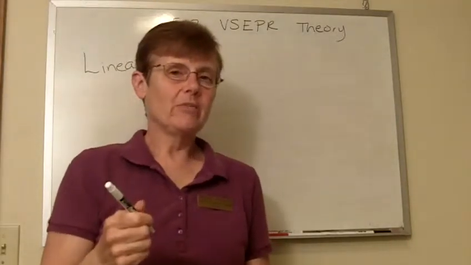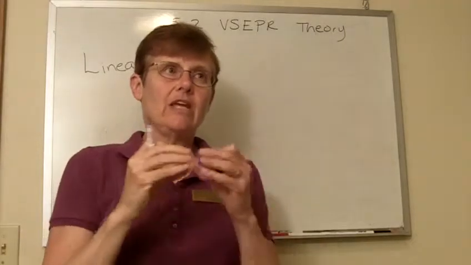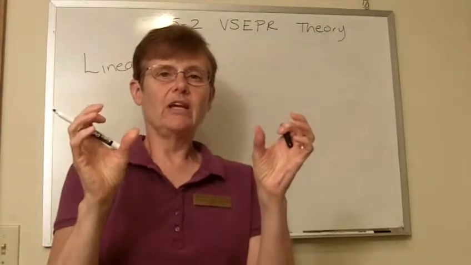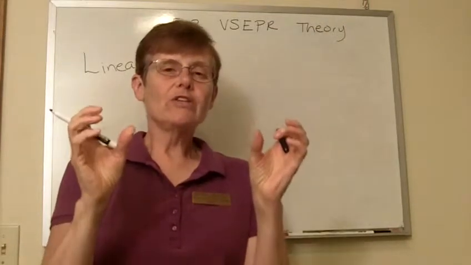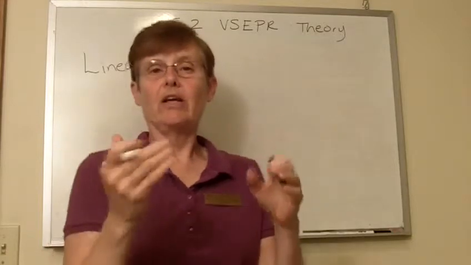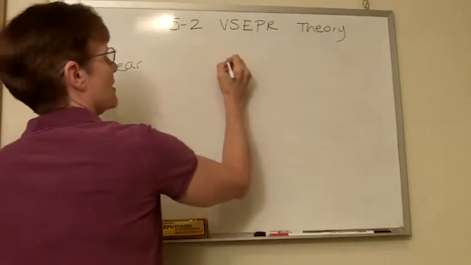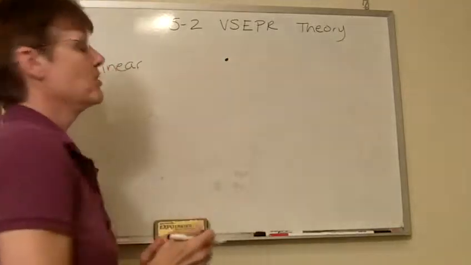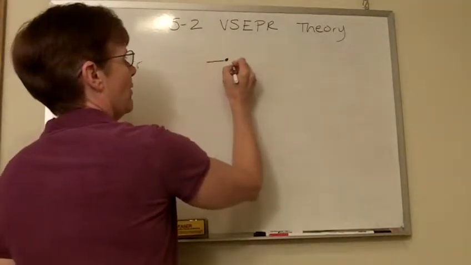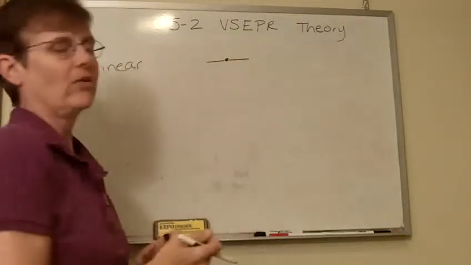But if you have more atoms than that, it's going to take a linear shape if you have two electron clouds, because the farthest away they can get from each other would be 180 degrees apart. So think of this as our central atom. And then think of this as a bond to another atom, and this as a bond to another atom.